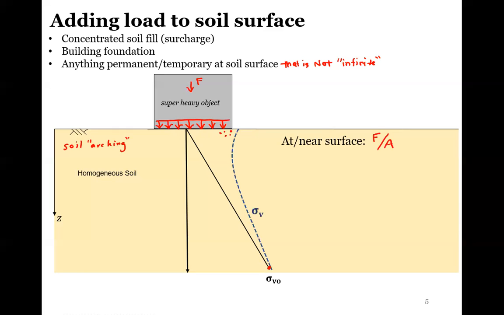The soil is exactly as it is in the in situ state, and the stresses from that super heavy object on top have dissipated, and it matches the in situ horizontal stress. So as we increase in depth, this stress will dissipate.